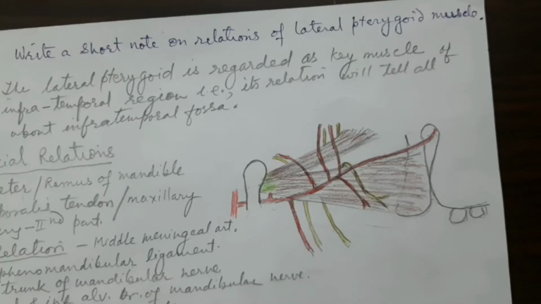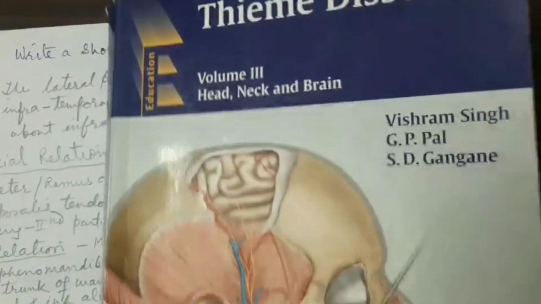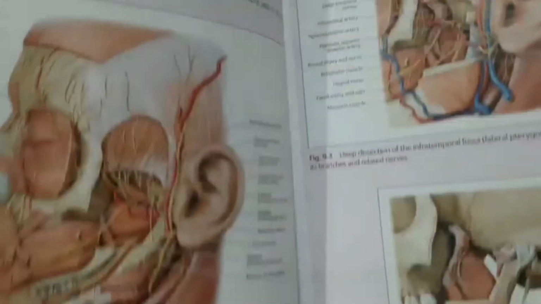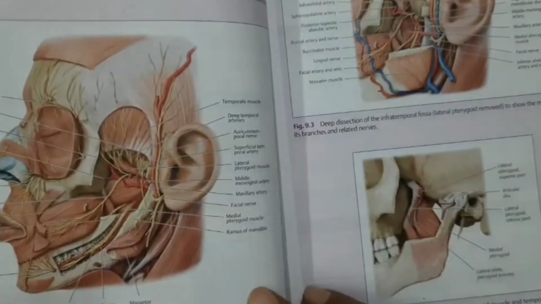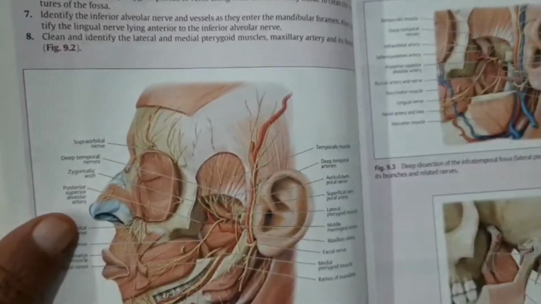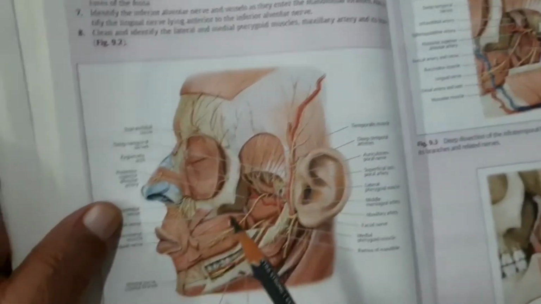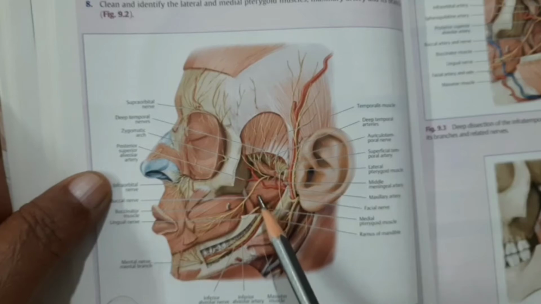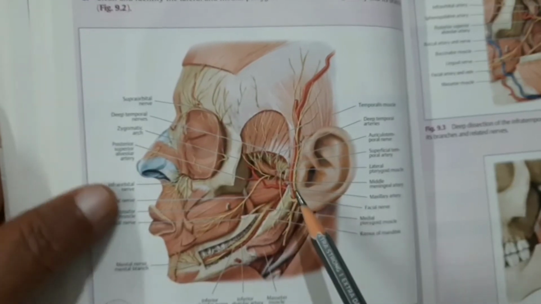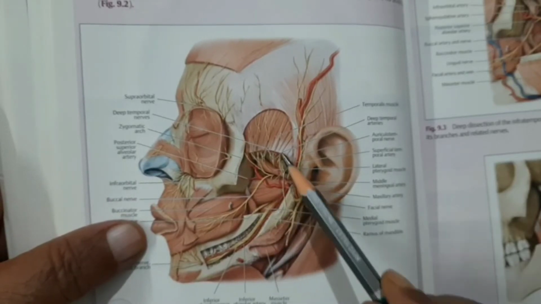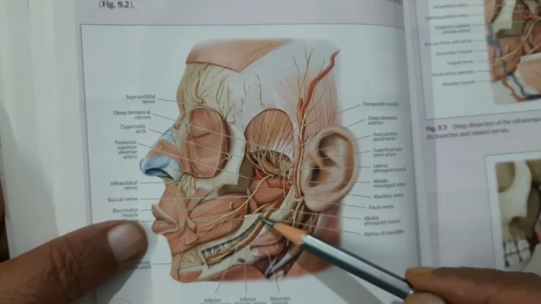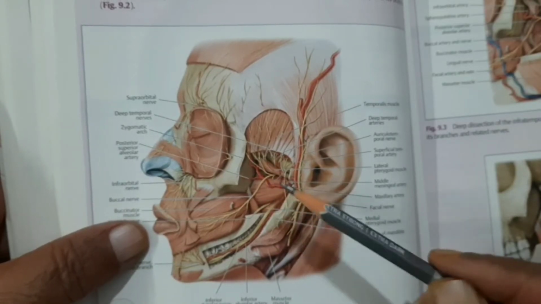Now, with the help of this diagram, again from the theme a dissector, I am the author of this third volume, and I will show you what lies superficial to the lateral pterygoid muscle. You can see in this diagram the upper head and the lower head of the lateral pterygoid, and this is the gap between the two heads. The ramus of the mandible is cut here, and on the surface of the ramus will be the masseter; the masseter and ramus form the superficial relation.